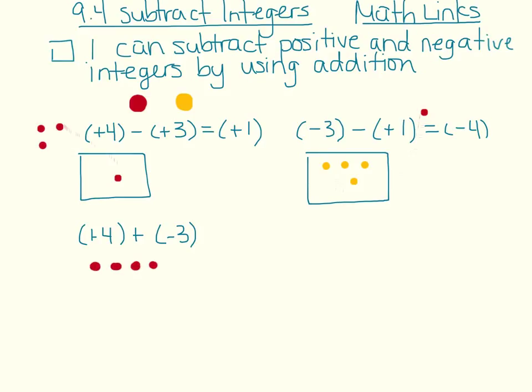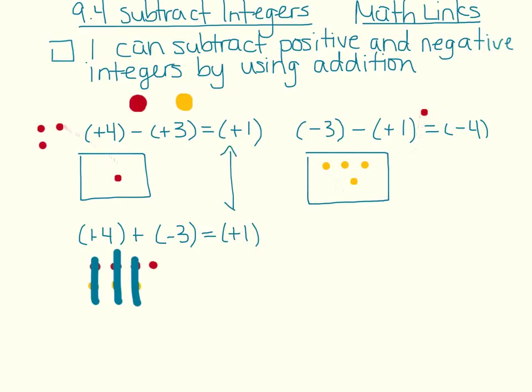I add negative 3, so 3 negative chips. I have 3 that make my net 0, and I've got positive 1 chip left over. So I know that positive 4 plus negative 3 equals positive 1.